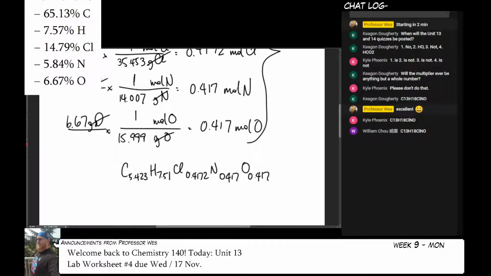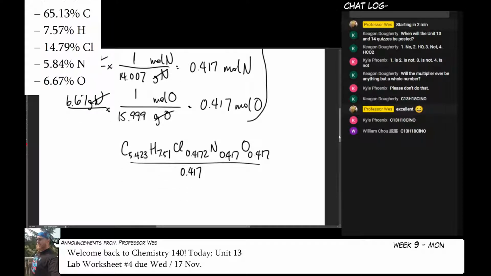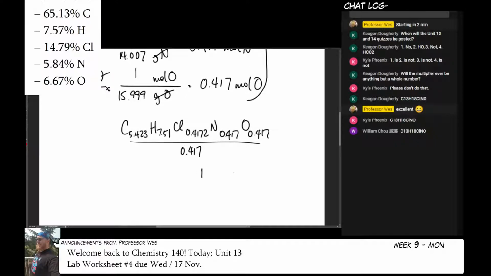And so there's our pseudo formula. We're going to divide by the smallest number, which is 0.417. And so these are all going to become 1. We round 4.172 divided by 0.417 to 1.